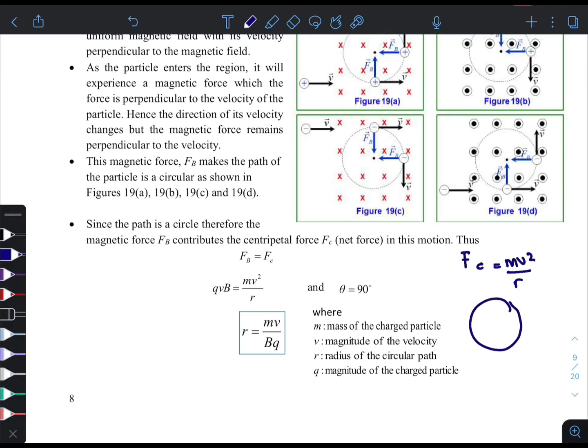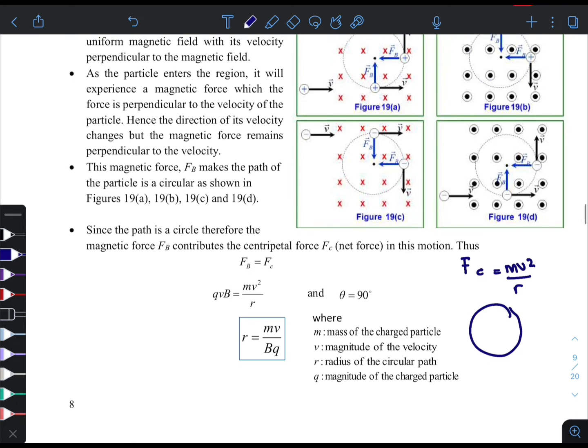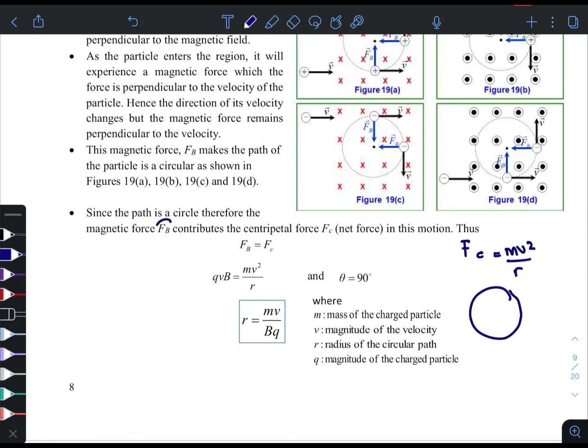In this case, our charged particle under the influence of the magnetic field experiences a magnetic force that makes it move in a circle. This is very similar to circular motion. Therefore, we can conclude that the centripetal force which leads to the circular motion is due to the magnetic force.